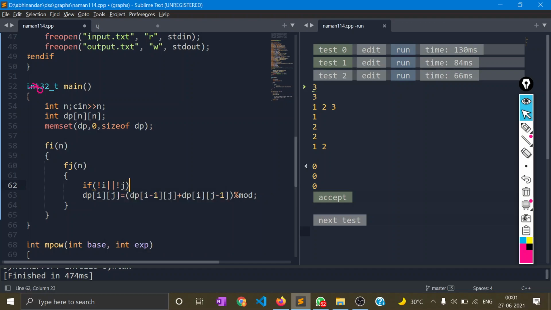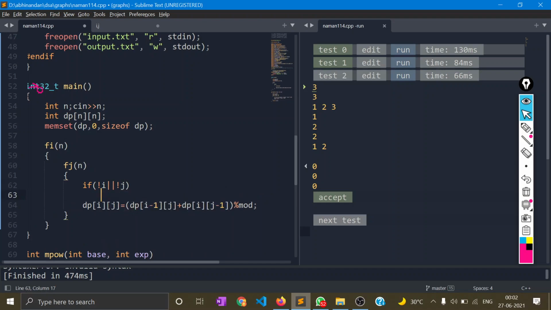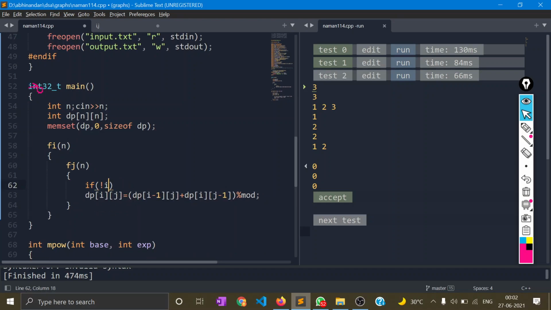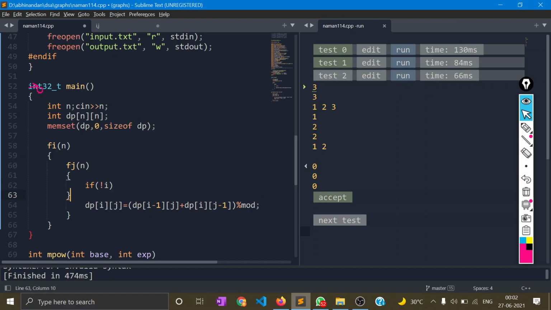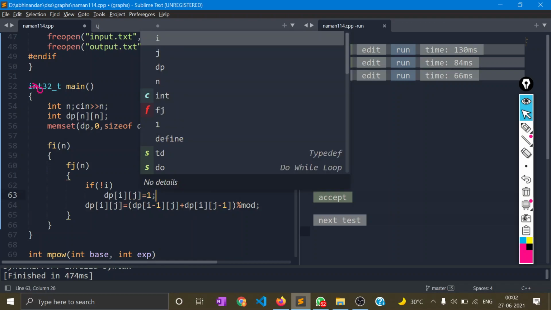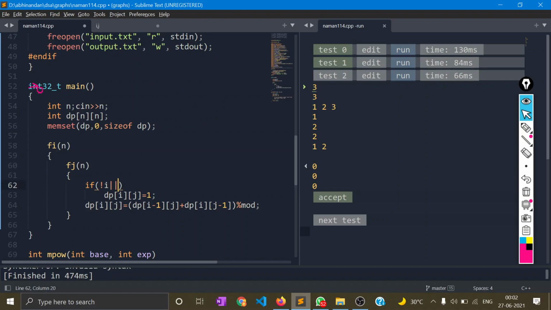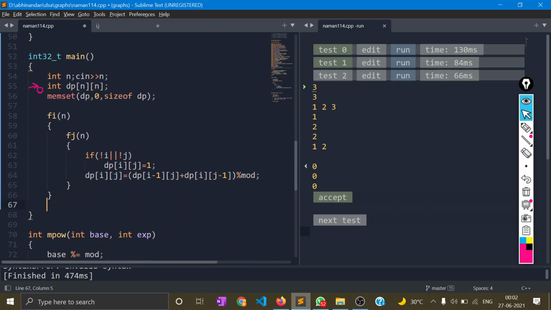Also, I can't have a negative index, so if I have i equal to 0, then I would just make it a 1 because there is only one way, right? Similarly for j equal to 0. And at last I have to output dp[n-1][n-1].